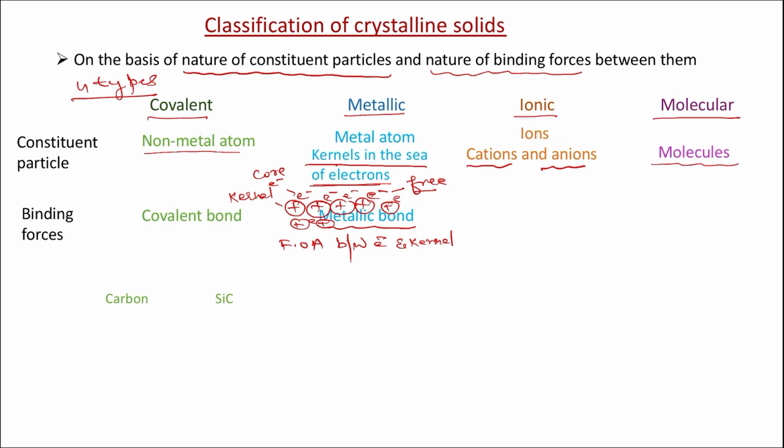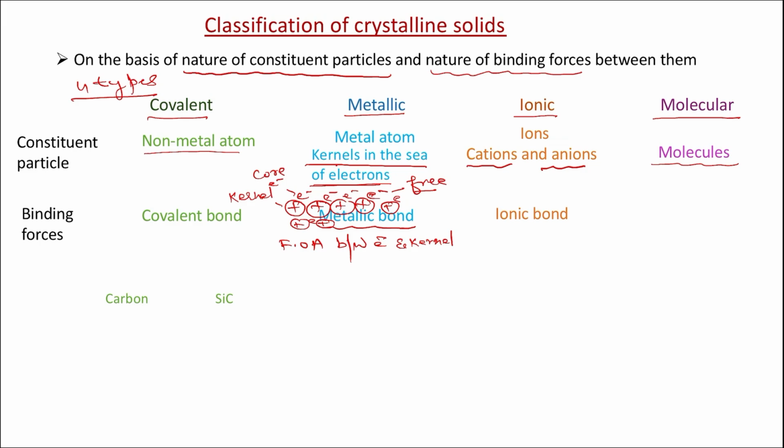All these physical properties which the metal shows are only because of the free electrons present in the metallic solids.